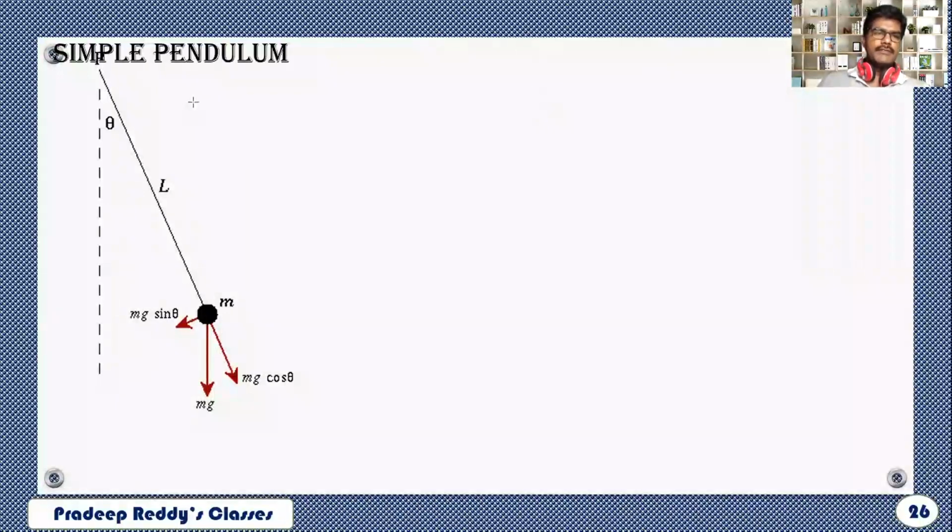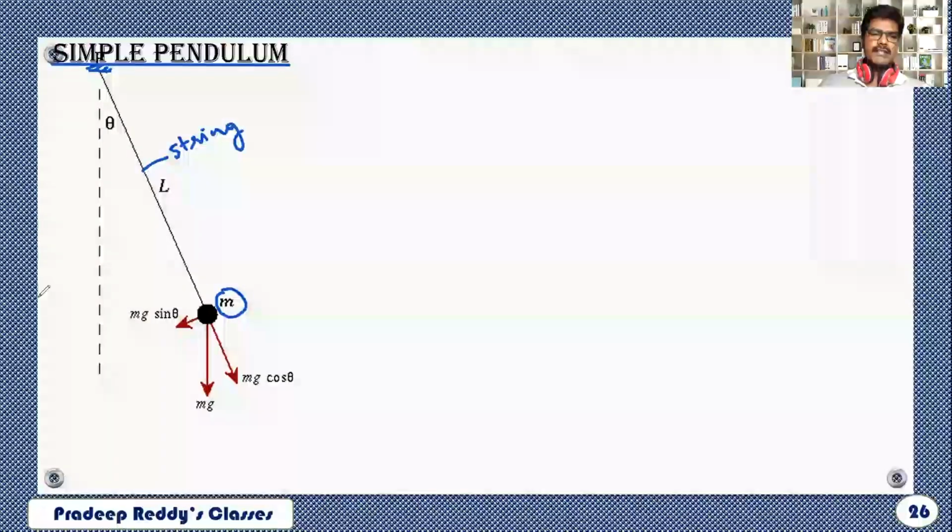Simple pendulum is the best example for angular SHM. This is a roof. A mass M is attached to a string. This is the string.